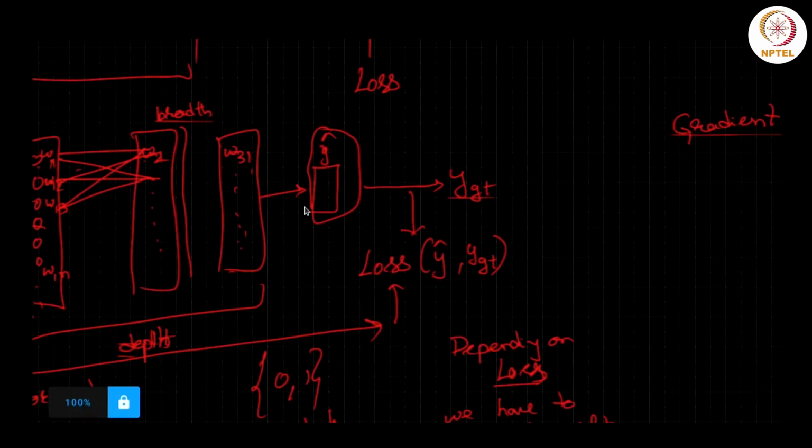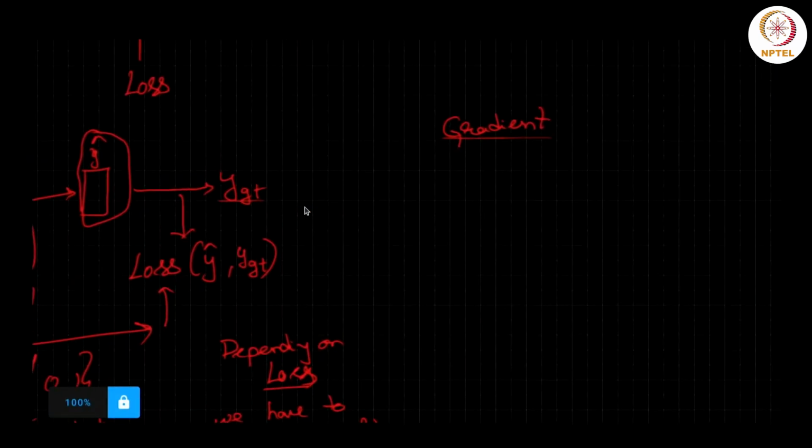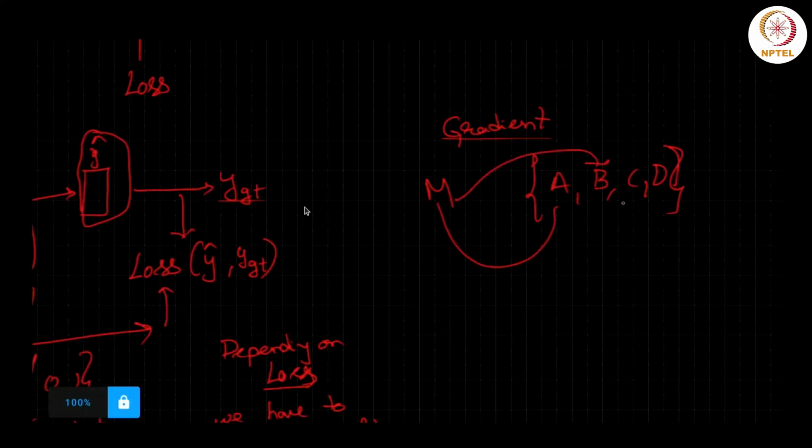So think of a group project that you're doing as part of your course, and there are 4 people, A, B, C, and D, and the final marks given to that project are, let's say, M marks, and you have to distribute across these 4 project members depending on some criteria.